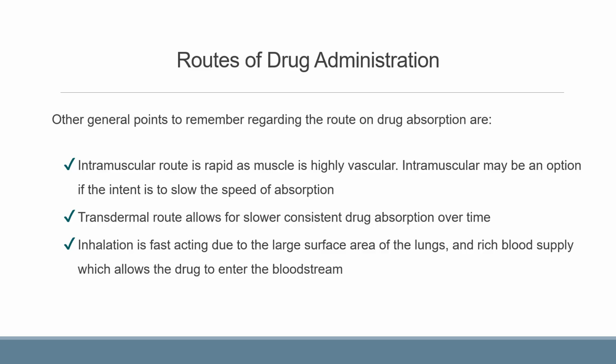So intramuscular may be the option if the intent is to slow the speed of absorption. Transdermal route allows for slower, consistent drug absorption over time. Inhalation is fast acting due to the large surface area of the lungs and the rich blood supply in which the drug is allowed to enter the bloodstream.